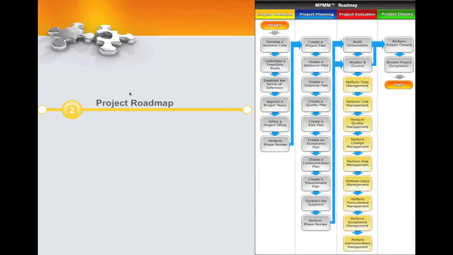So you take the inputs and you use this information to begin building the deliverables. The deliverables could be a project that's producing a product, or it could be producing a service. But the deliverables are produced from this part of the project life cycle. So we're building deliverables and we're monitoring and controlling the project.